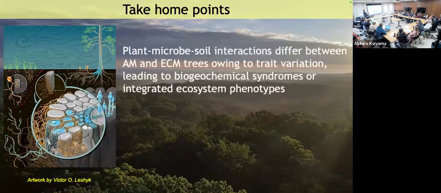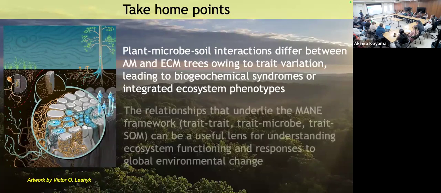Okay, so just to summarize, these plant-soil-microbe interactions that differ between AM and ECM trees, owing to variation in the trees and in the fungi and the microorganisms, bacteria, all the microorganisms, clearly are leading to some kind of a biogeochemical syndrome, fundamental differences in the way nutrients are cycled in these integrated phenotypes.